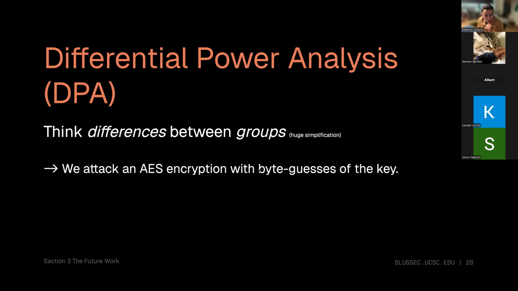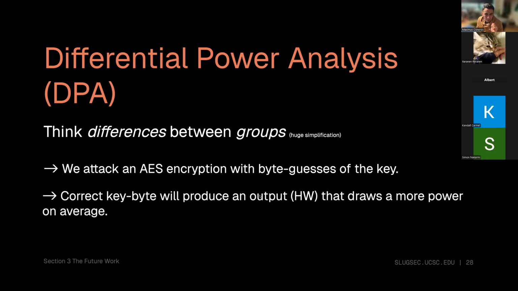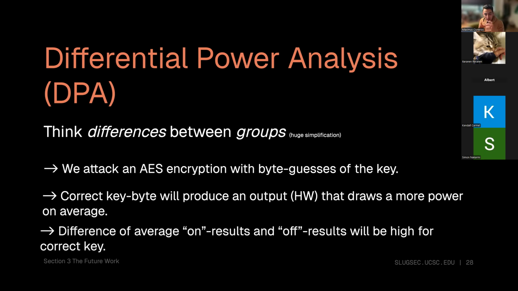So what we can do is guess sections of the key, okay? When we guess the sections of the key, we'll pipe an input byte using our guessed key. It'll produce an output. The output we can use to measure the power draw of the specific key guess. With the output text that we've now generated, we start categorizing all the traces we have into two groups.